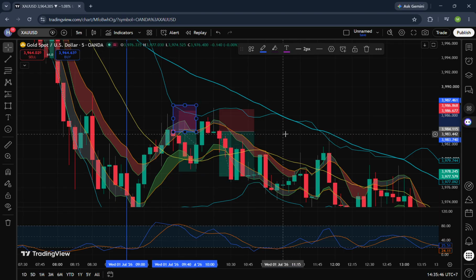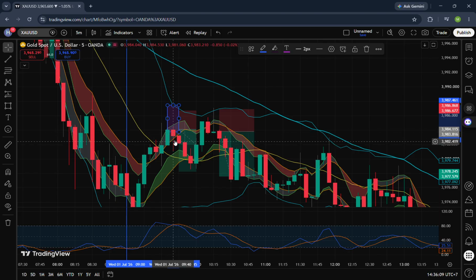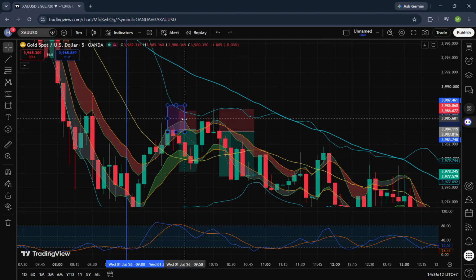In some video before, I told you guys what the MHV characteristic is. First, the price cannot reach out of the Bollinger Band, and second, there is a reverse candle right here. We wait for this reverse candle, and then there is a retest candle. This is where we take our trade.